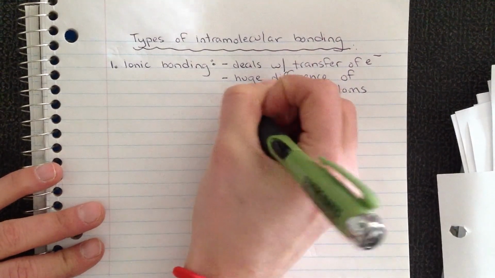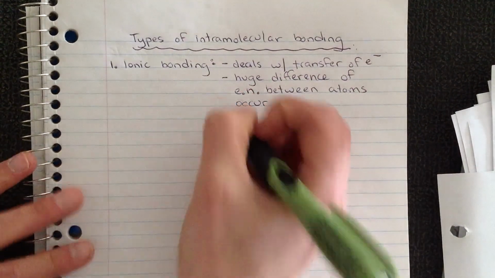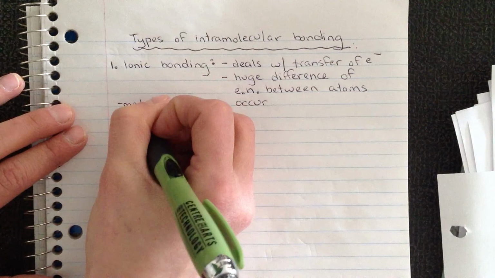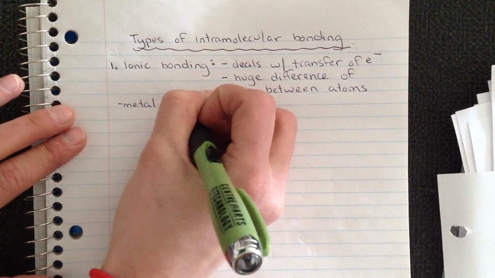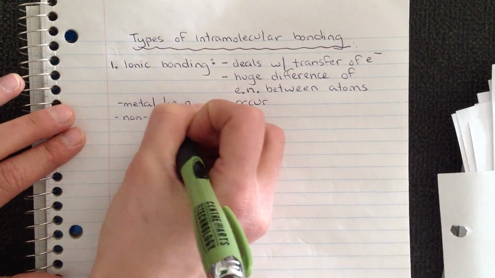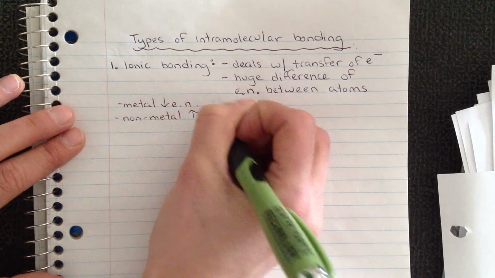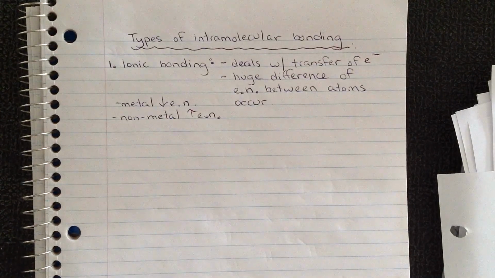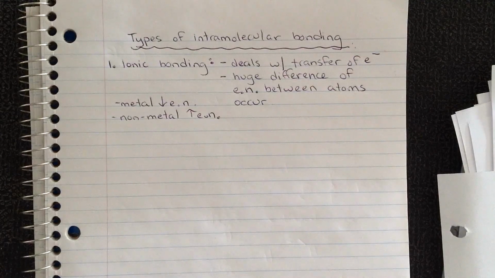Typically, the metal will have a low electronegativity, but then the non-metal, or whatever anion is going to be formed, usually has a high electronegativity. So as a result, there's a pretty big attractive force in one way or the other, because of that electronegativity difference, okay?